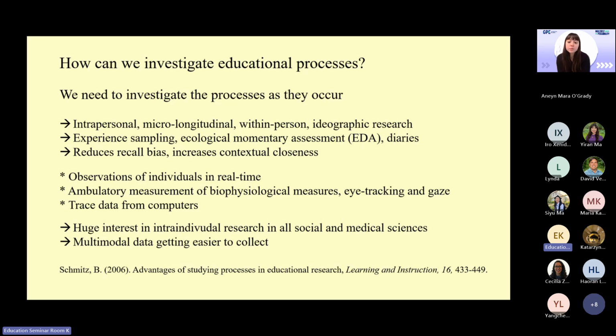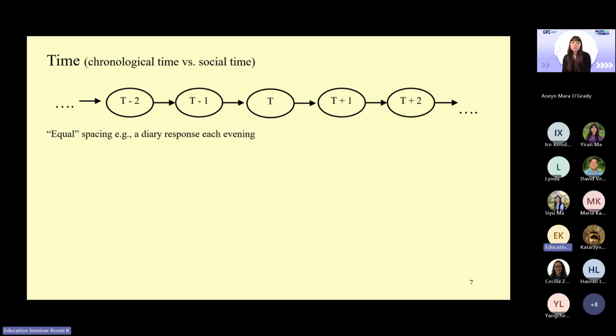In medical science, this is also used for tracking patients and looking at their various disease symptoms, tracing those over time and warning people when the fluctuations are too high or too frequent. Multimodal data like this is getting easier to collect with all kinds of technical gadgets that we have. We can implement apps on any electronic device and collect data that way.